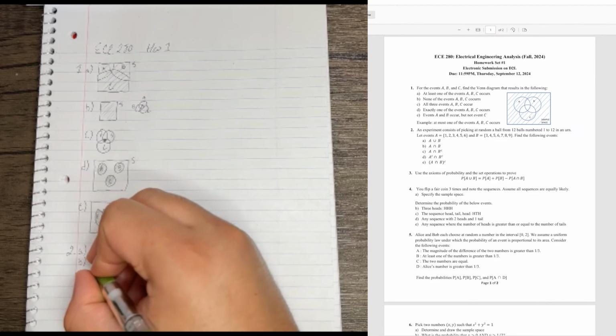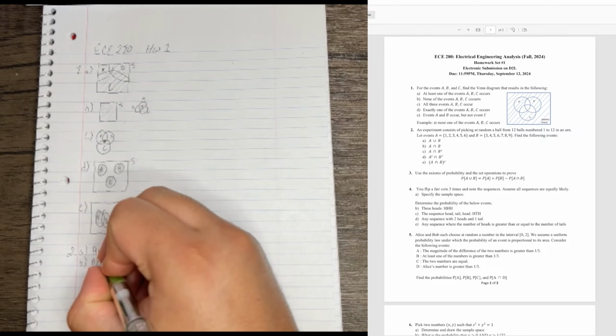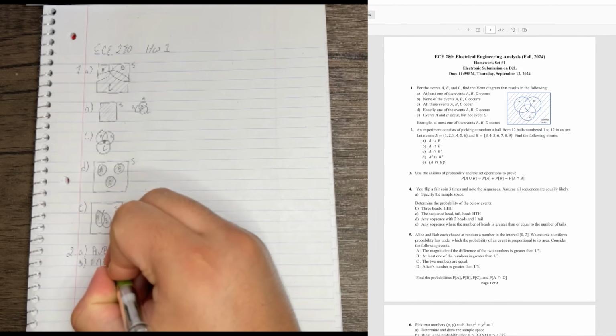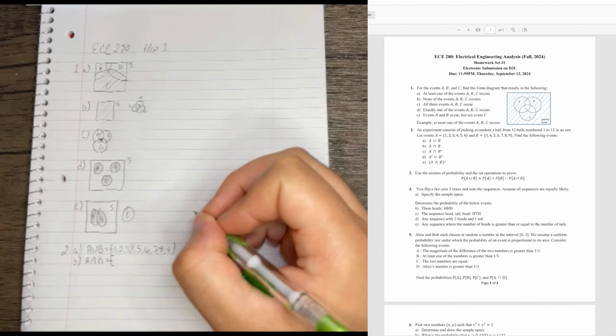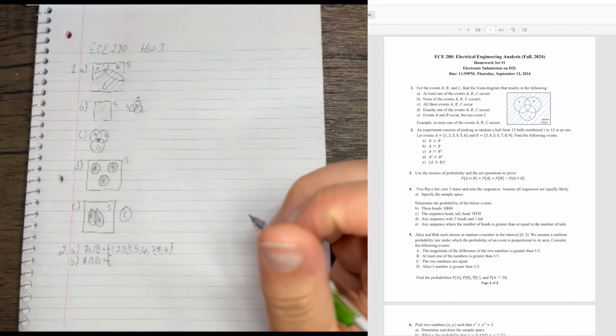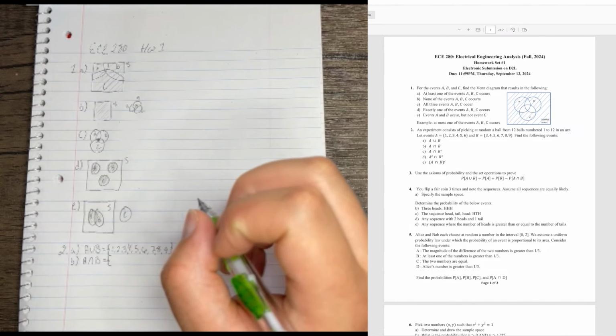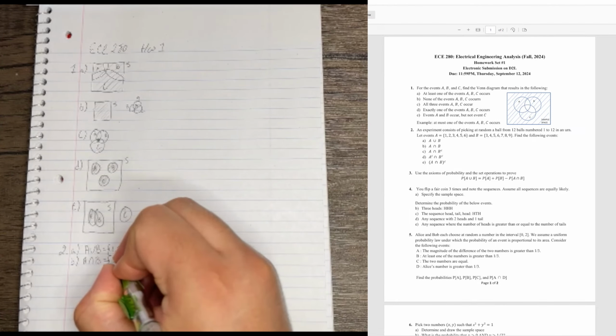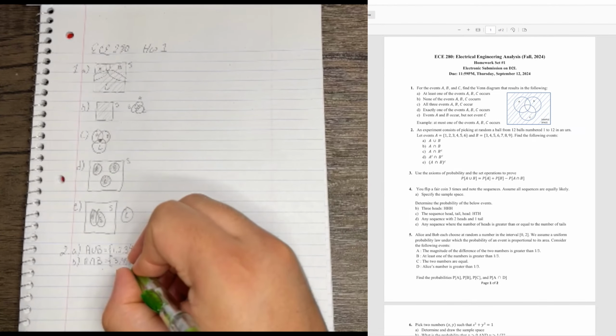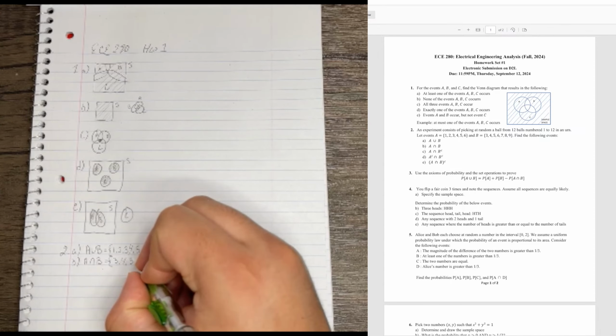For B, we have A intersect B, which would be the amount they have in common, which is 3, 5, 6.